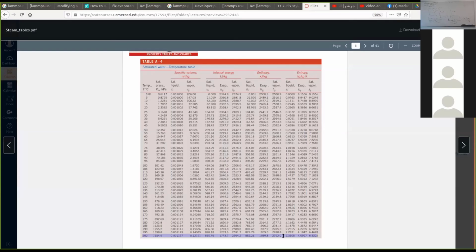SF is this value at this temperature, and SFG is the difference between the gas and liquid values. Of course, the gas value is larger for everything: specific volume, internal energy, enthalpy, or entropy always increases with vaporization. So you have the difference between them, which is this value minus this value. Okay, guys?